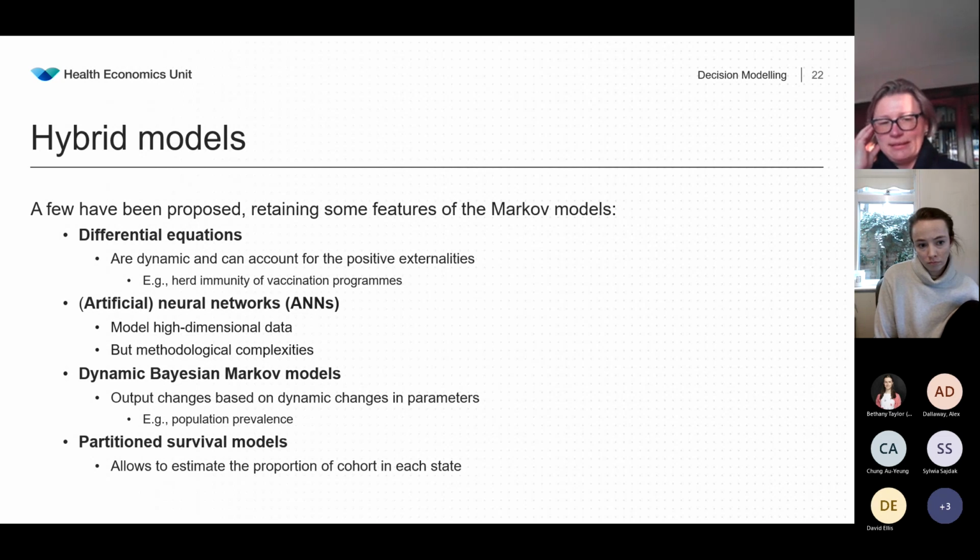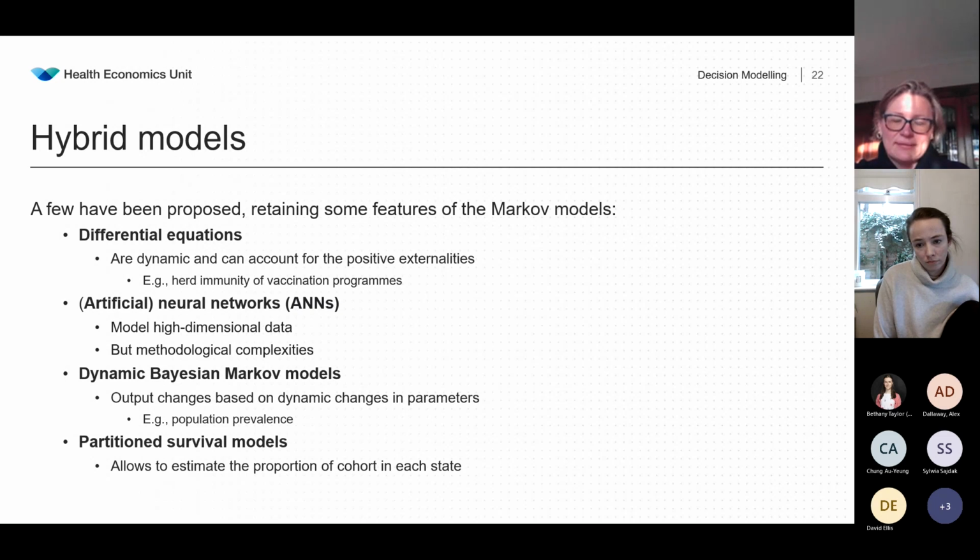And another class is partitioned survival models. That's mostly used in cancer modeling. Unlike the Markov model, here the number of people in any state at successive points is not dictated by transition probabilities as such.